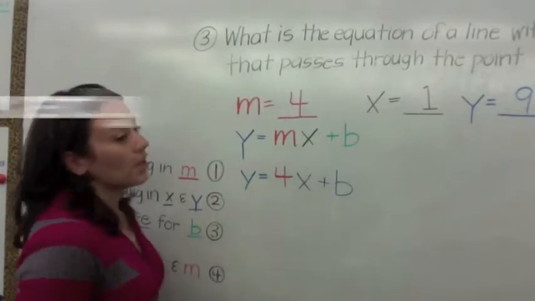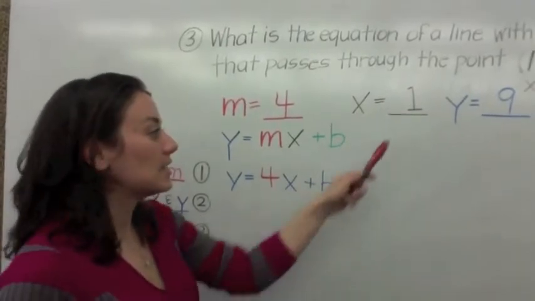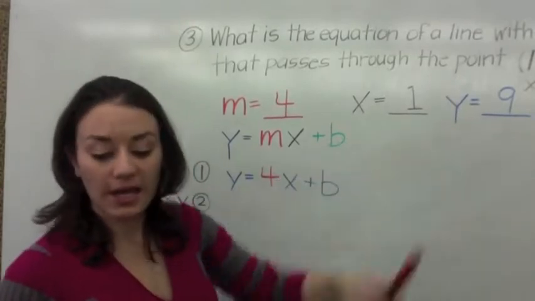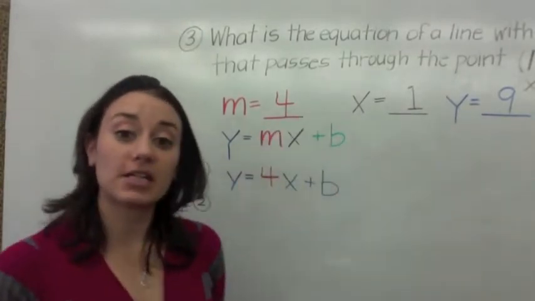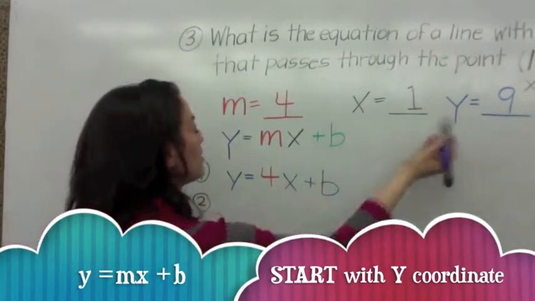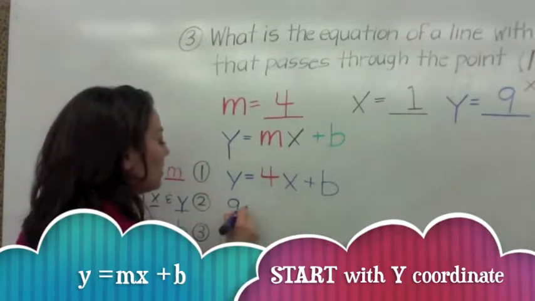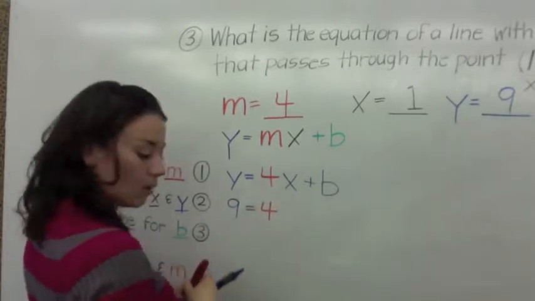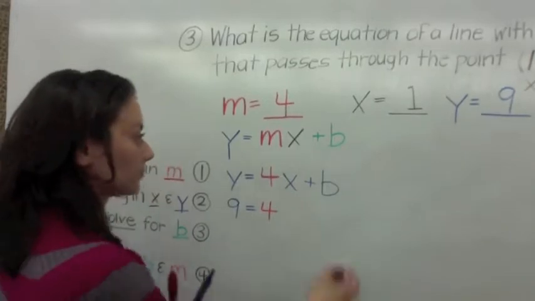So you ask yourself, what is x? X is 1. And what is y? Well, y is 9. Remember that yo mama's ex-boyfriend, that equation starts with y. So if y is 9, we're going to say 9 equals, remember, m is 4. What is x?